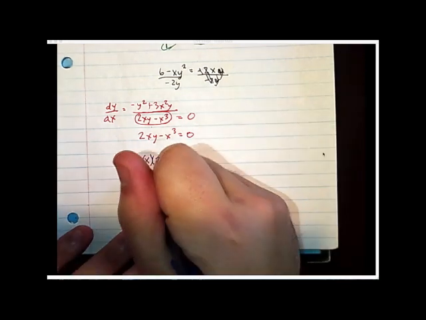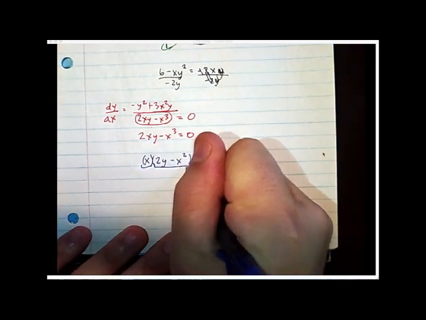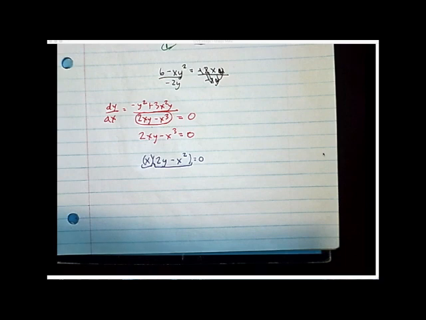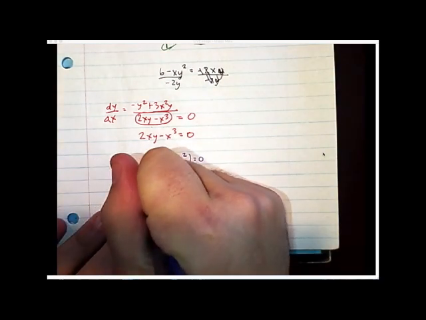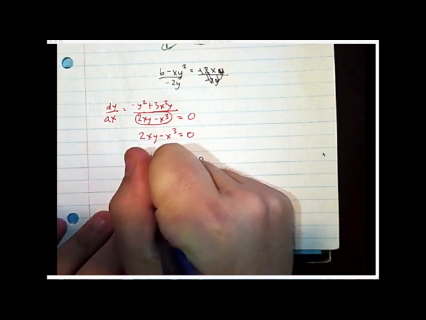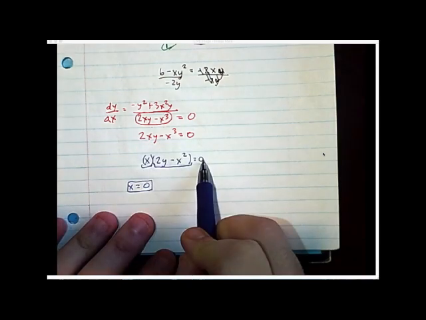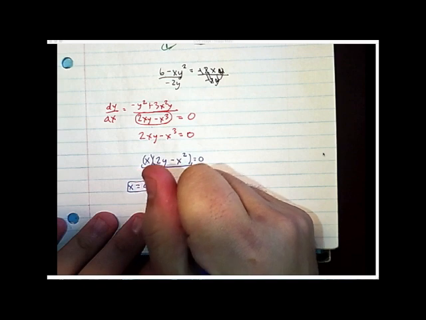So from the zero product property, if either one of these parentheses is equal to 0, then the whole thing equals 0. So this is going to have a vertical tangent line at x equals 0. Okay, set that equal to 0. Now let's set the second one equal to 0.